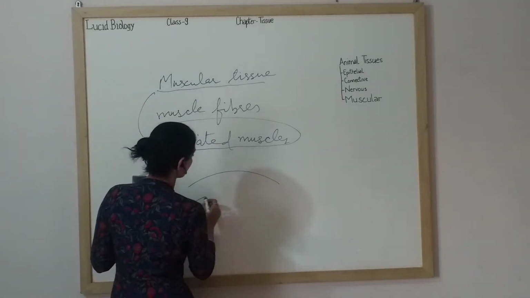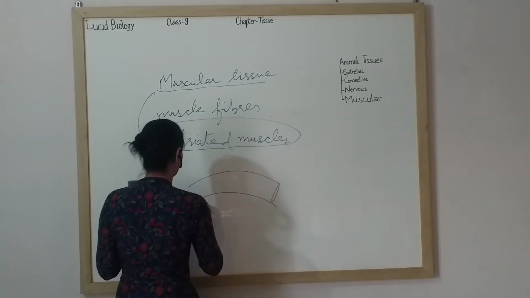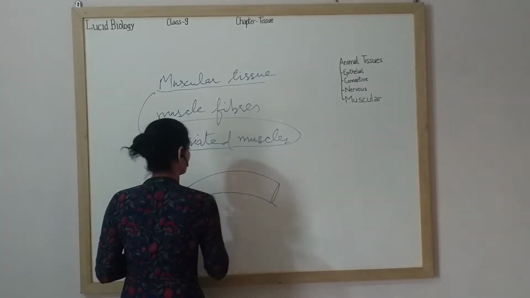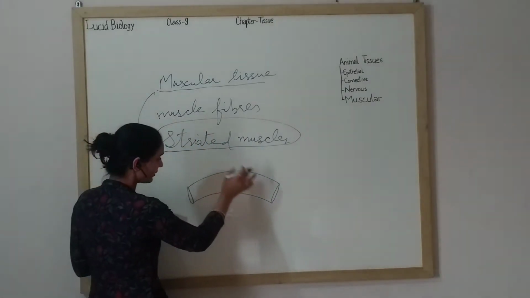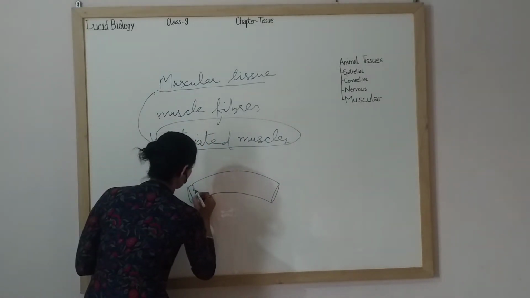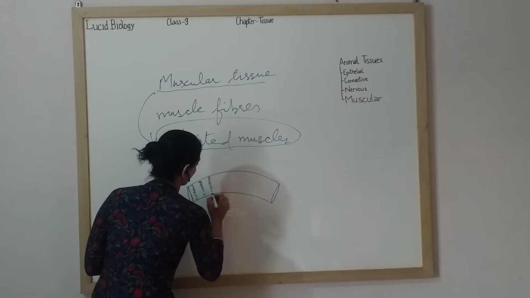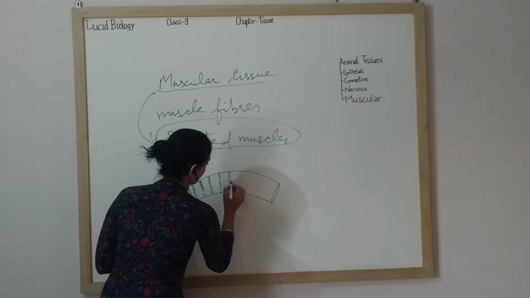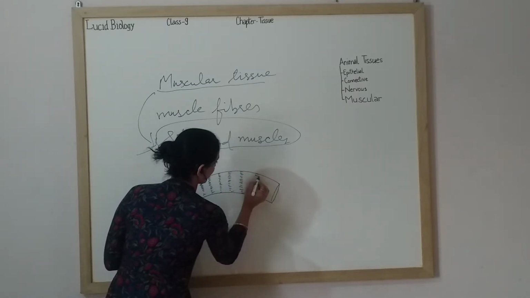Striated muscle is cylindrical, unbranched, and you see alternate light and dark bands. These are the dark bands. In between you see there are light bands.